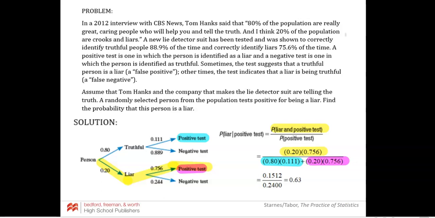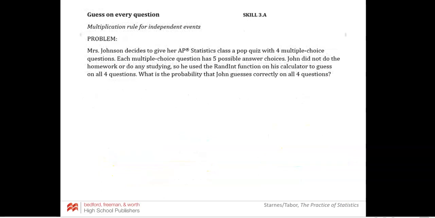So correctly identified as a liar, it would be 0.2 times 0.756. The probability of that happening would be 0.63 when you do that all together. So find the probability the person is a liar: 63% of the time, that would be true. Wow, these are terrible false positives and false negatives. These are not good.